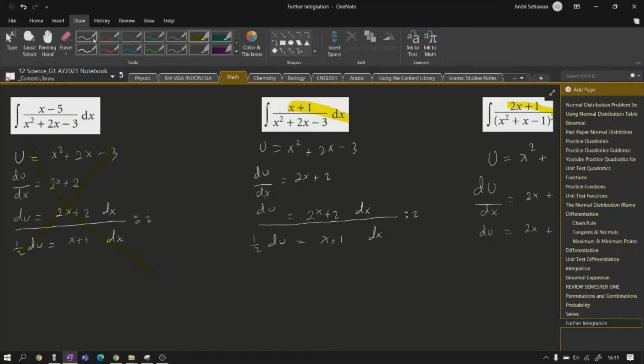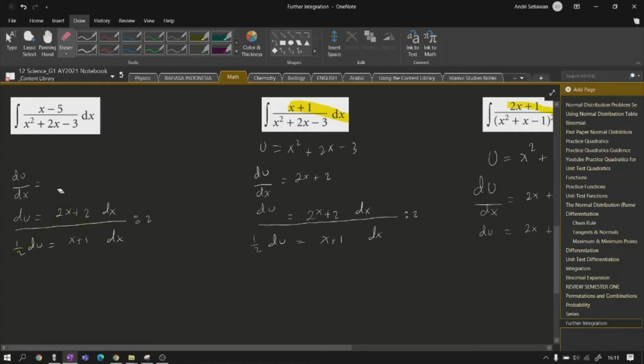Okay, so how to solve this question if we cannot use the substitution technique? Maybe you can solve this by yourself after this, or we can solve it together. Let's try to solve the first one.